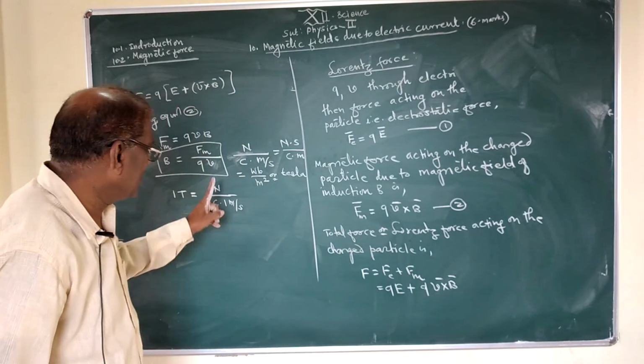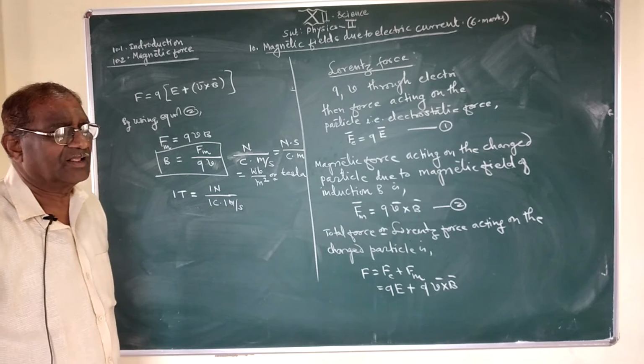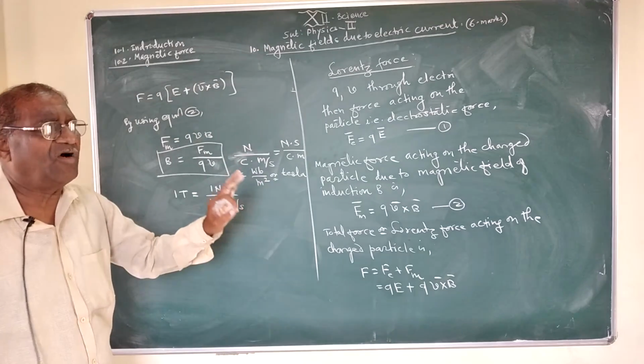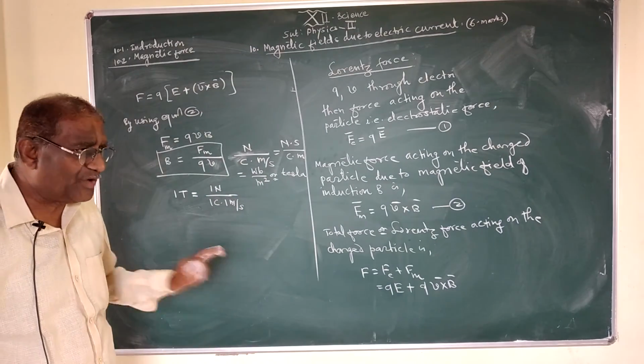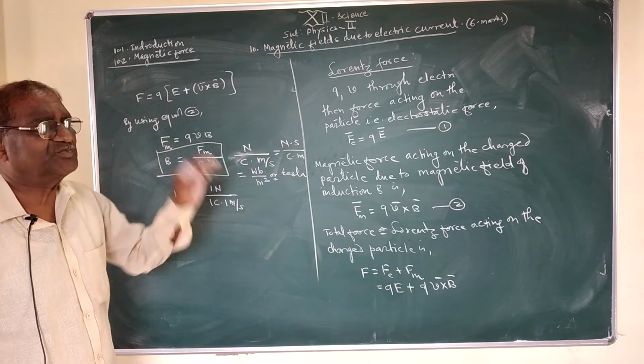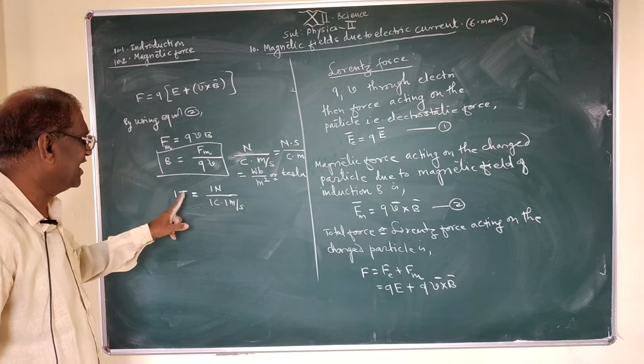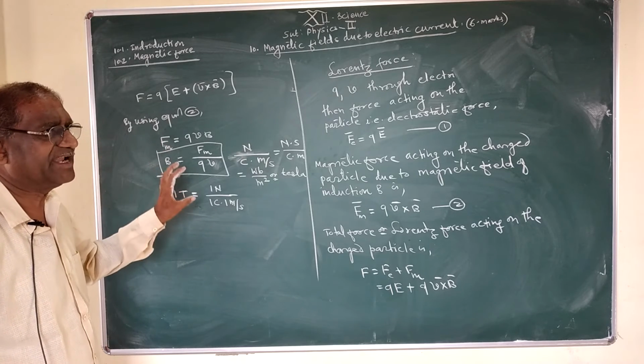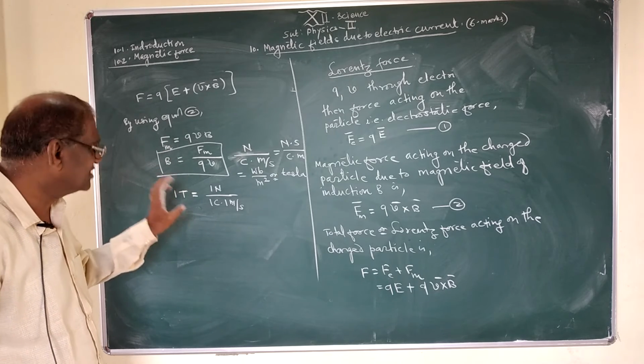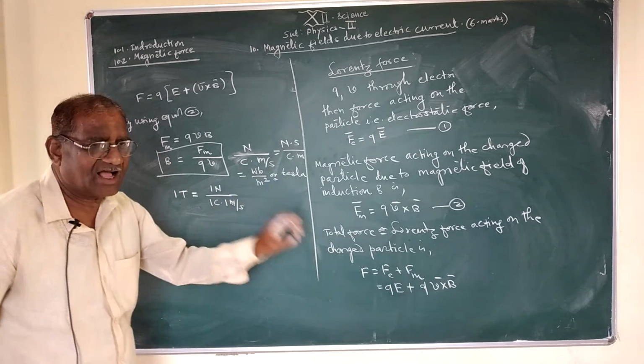That is, 1 Newton of force acting on 1 coulomb of charge moving with velocity 1 meter per second, then the strength of the magnetic field in that space is found to be 1 Tesla.